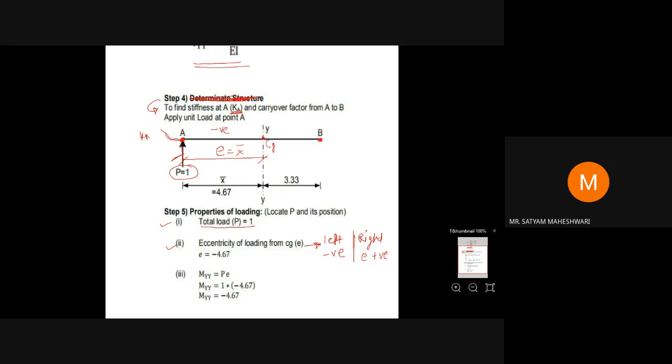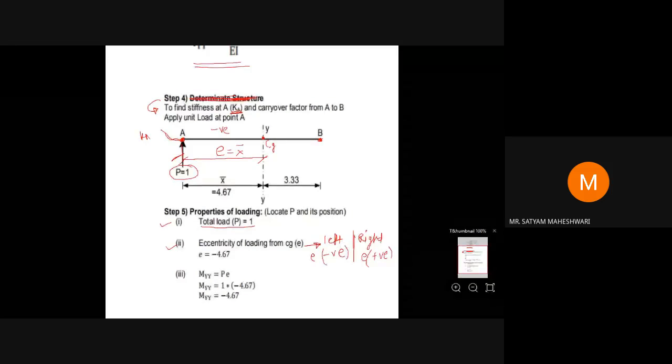Here the eccentricity of this loading from the y axis is X bar, but we have taken E equal to minus 4.67 because it is located to the left of the y axis. So keep this sign convention in mind. Don't make any mistake here.